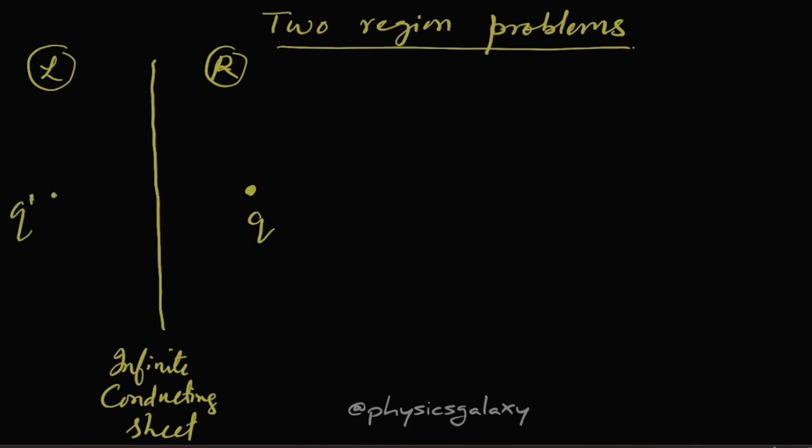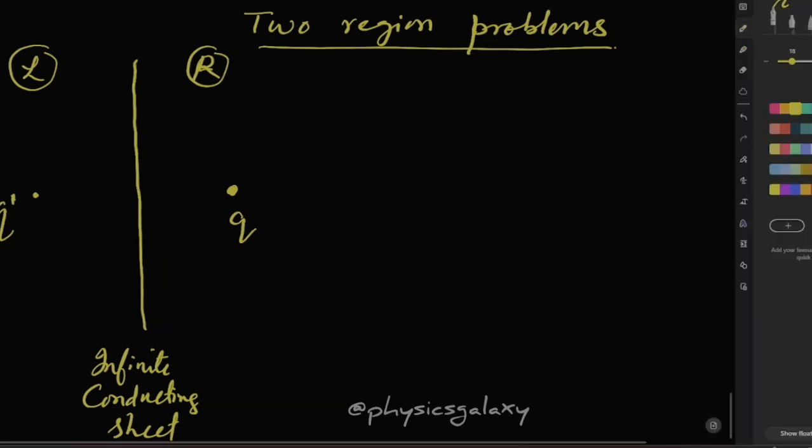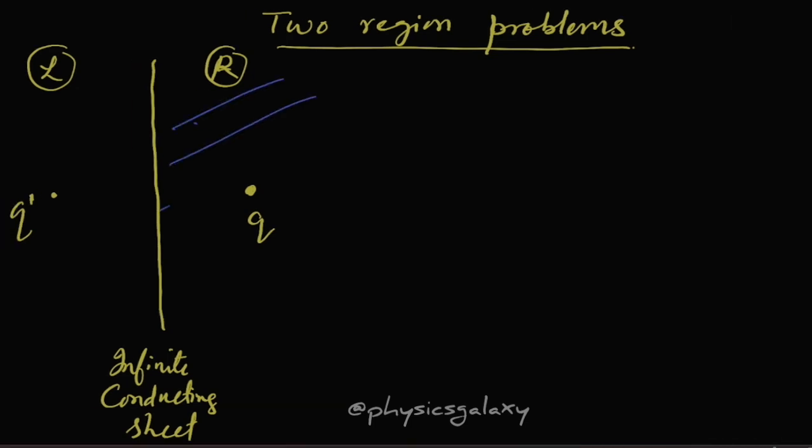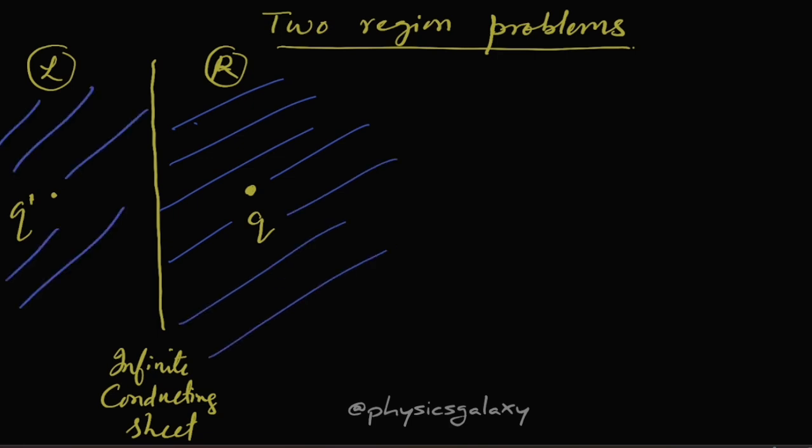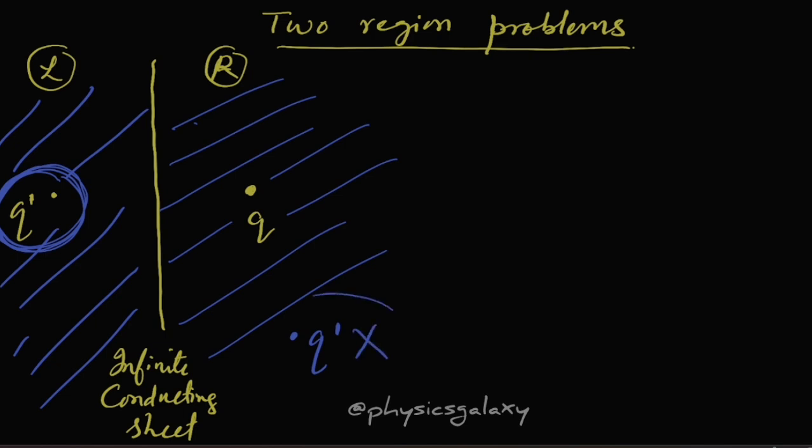So there are two regions: the region where I have my real charge, and the space where I have my imaginary charge. Remember one thing: the imaginary charge has to be put in a different space than the space where you have your real charge. We cannot put the imaginary charge in the space where you have your real charge.